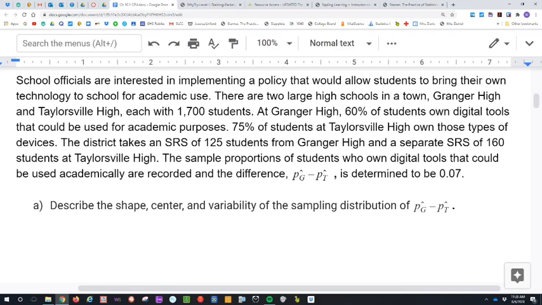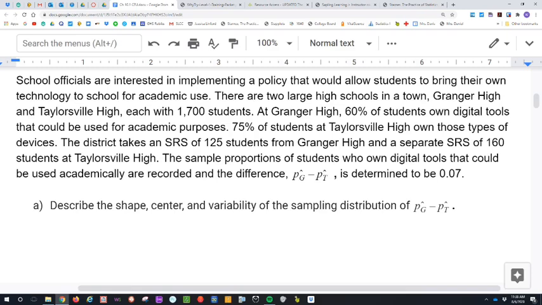At Granger High, 60% of the students own digital tools that could be used for academic purposes. 75% of students at Taylorsville High own those types of devices. The district takes an SRS, simple random sample, of 125 students from Granger High and a separate simple random sample of 160 students at Taylorsville High.